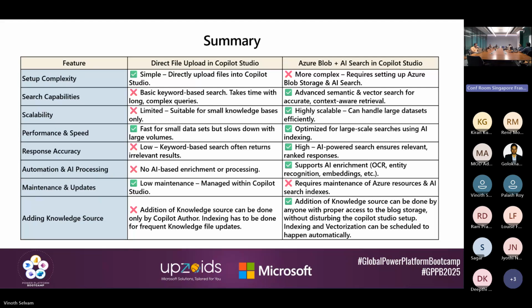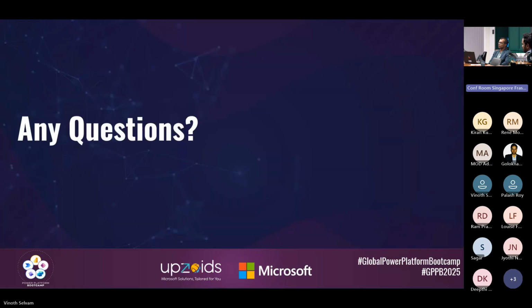Did you try with SharePoint? No, I haven't tried. The default SharePoint knowledge base has a lot of flaws. If you don't go with Azure OpenAI search, which is more precise, and go with the default, just connecting the SharePoint site as a knowledge base under the Copilot, there are a lot of flaws.